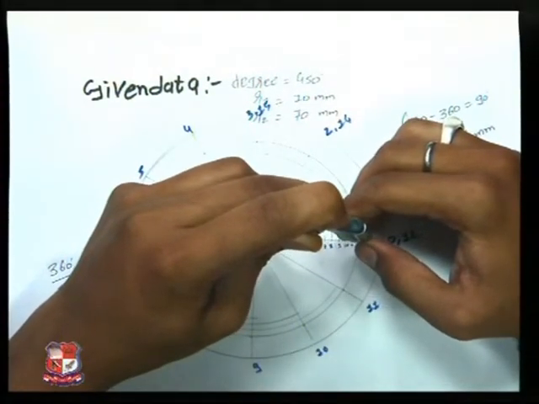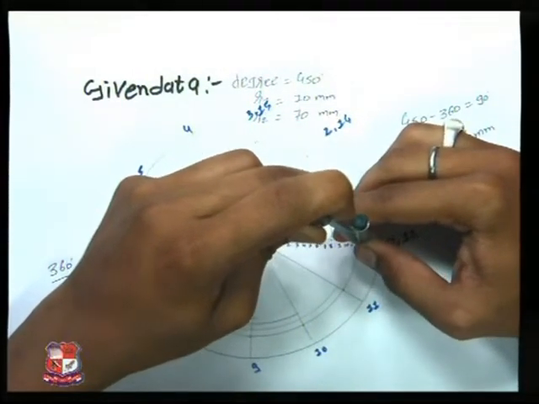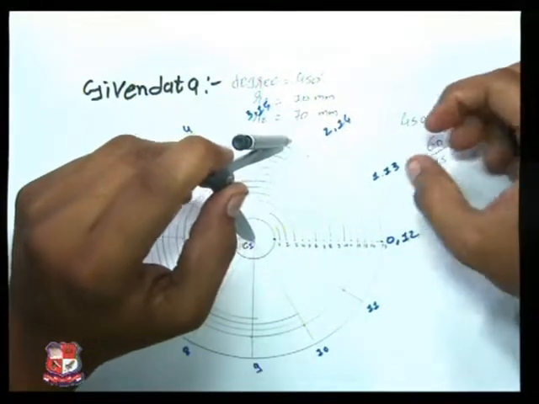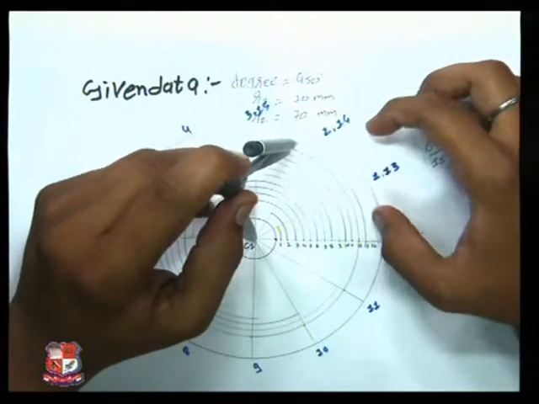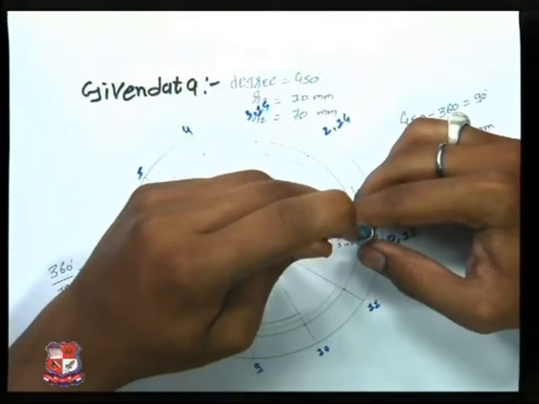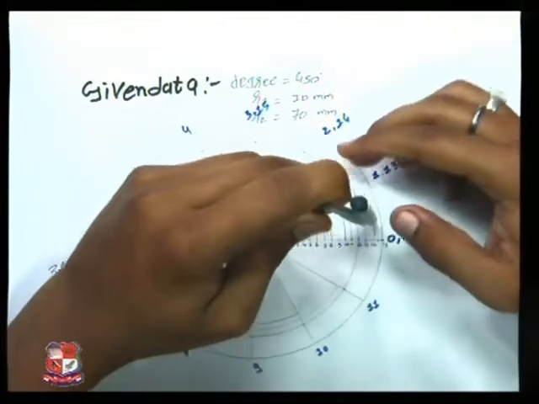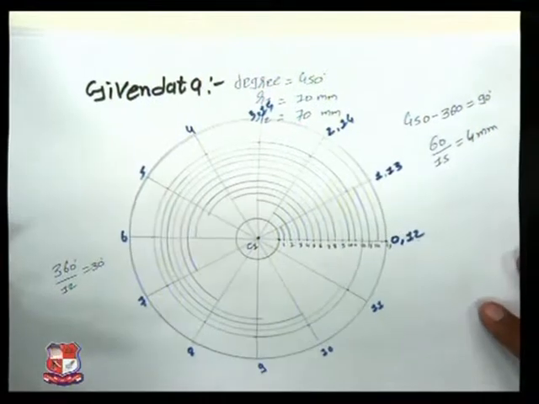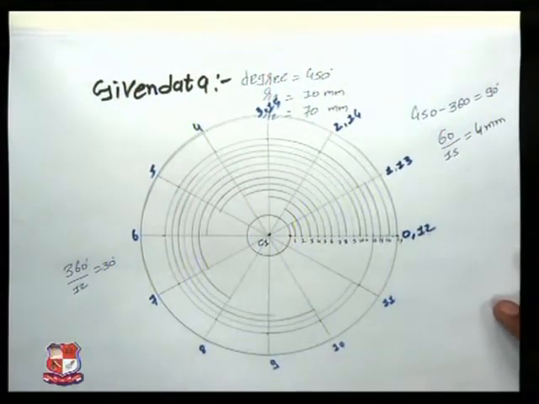So what would be the 13 point? Only an arc till first or 13, only a 30 degree arc. 14, arc till this point only, and 15 is the outermost portion.